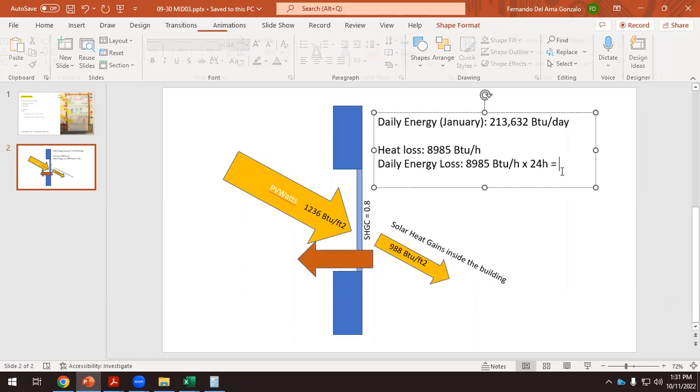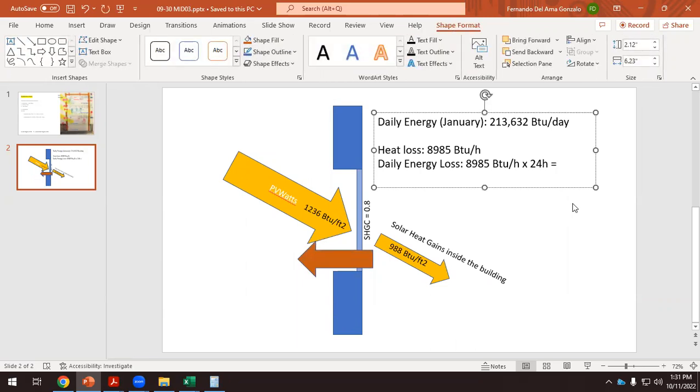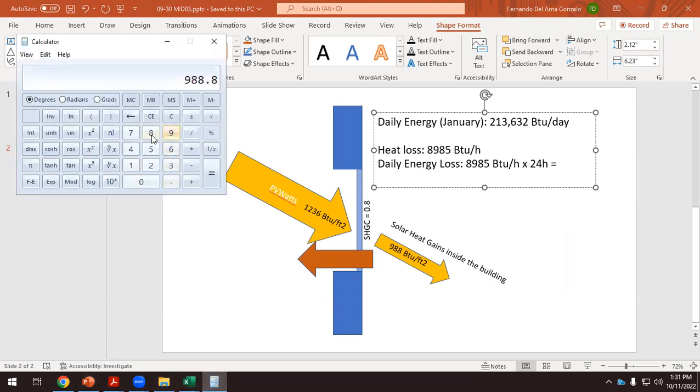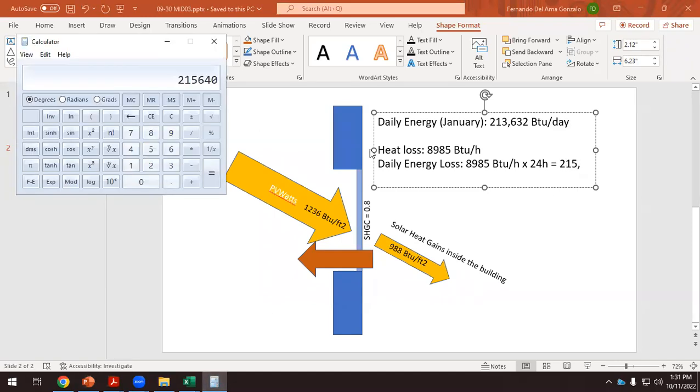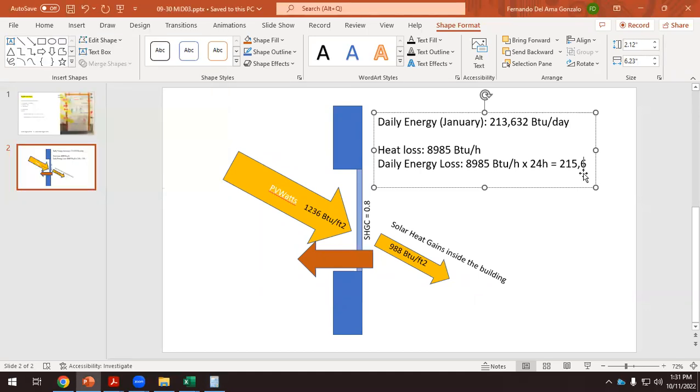So what's this daily energy? That daily energy is, calculator, 8985 times 24. So it's 215,640 units BTU per day.